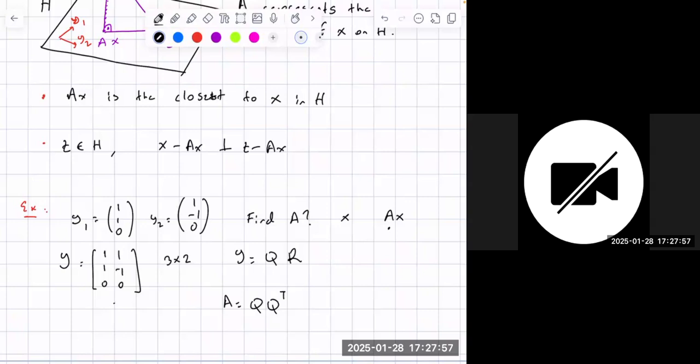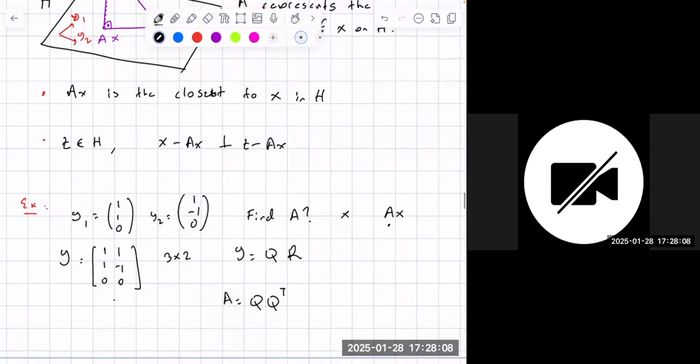So the point is, this Q is an orthogonal matrix. What is the property of orthogonal matrices? If I would be doing Q transpose Q, that will be the identity, right? And that identity means those vectors are orthogonal to each other, and every one has norm 1.